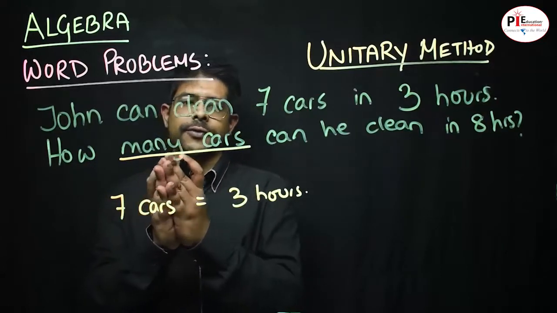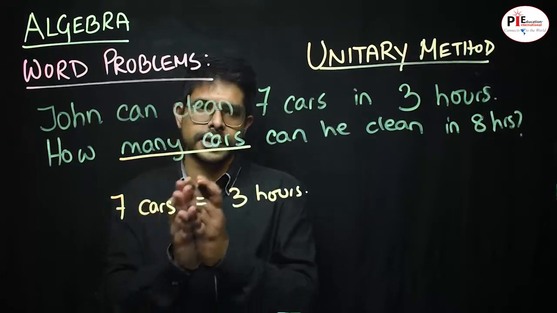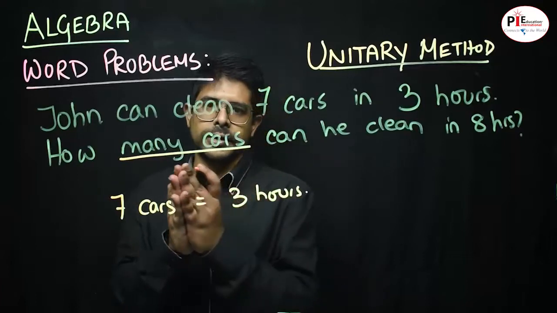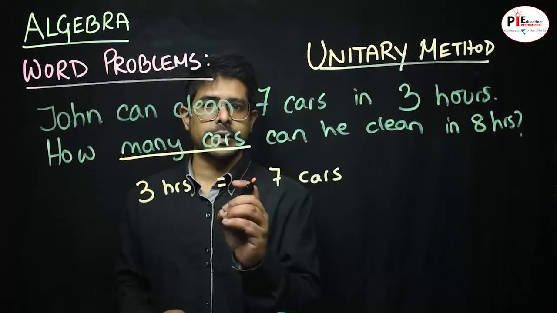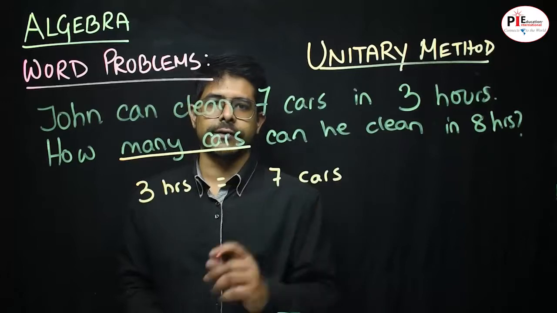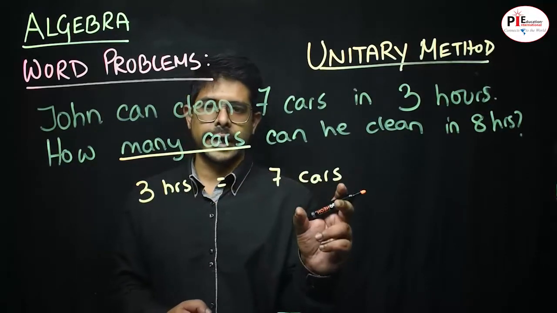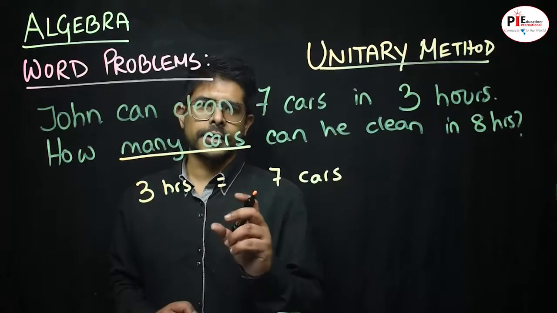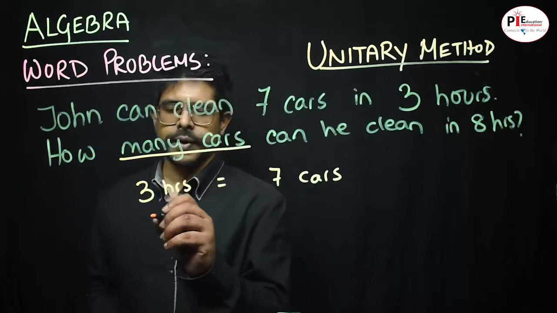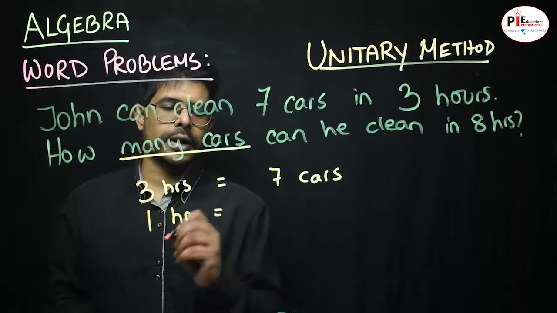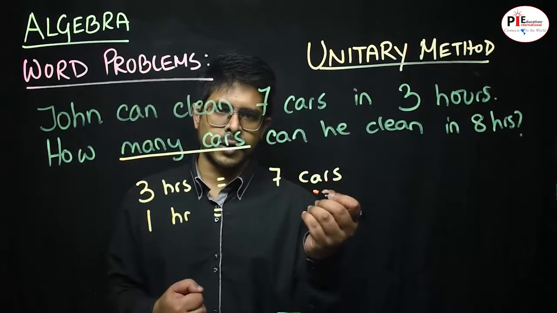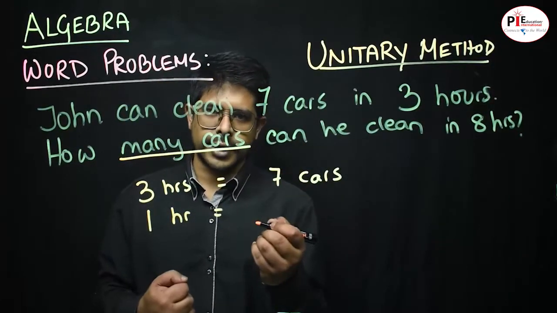So they have asked for how many cars. So we're going to put cars at the end and 3 hours in the beginning. I have rewritten the question: 3 hours equals 7 cars. According to the unitary method, if John took 3 hours to clean 7 cars, how many cars would he clean in 1 hour? In 1 hour, he would clean fewer cars than he would have cleaned in 3 hours because he has less time now.